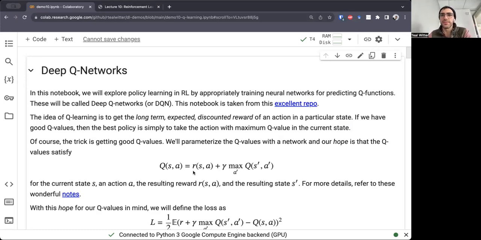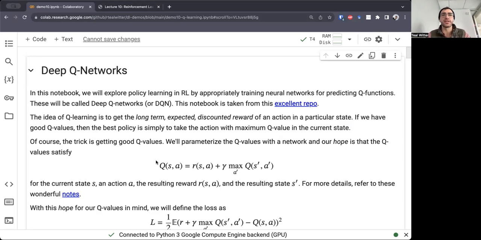I'm discounting this quantity because I want to prioritize the immediate rewards that are more certain. And the rest of this quantity is the maximum Q value that I could hope to get in this new state S prime.